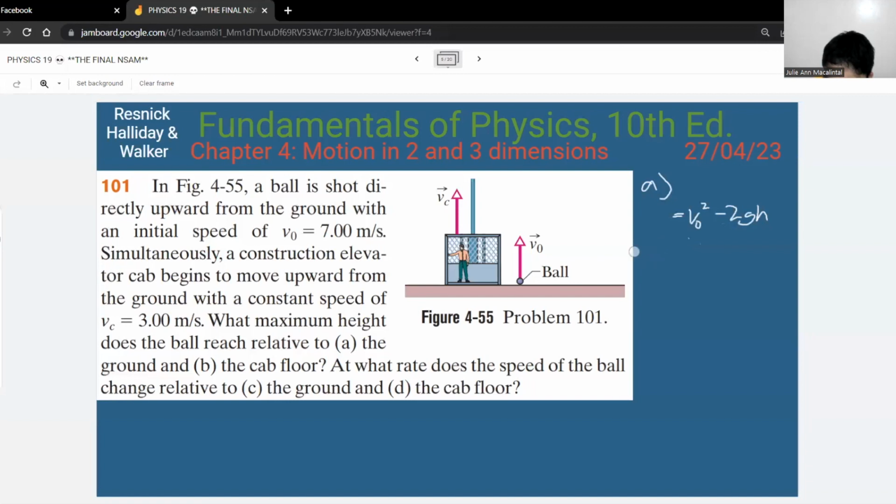Okay, so let's use v squared equals v naught squared minus 2gy.